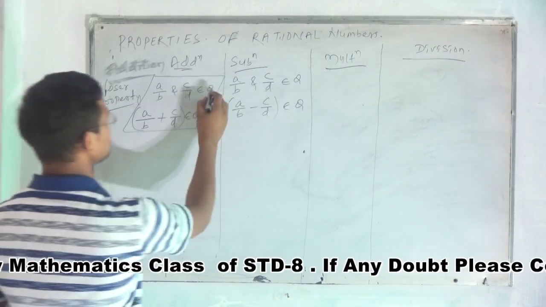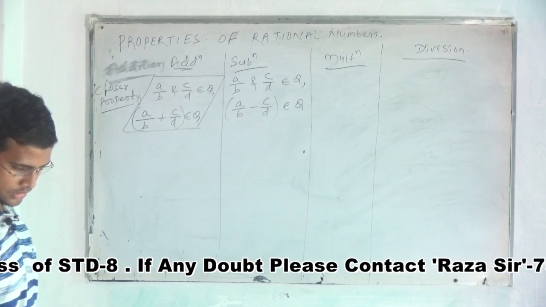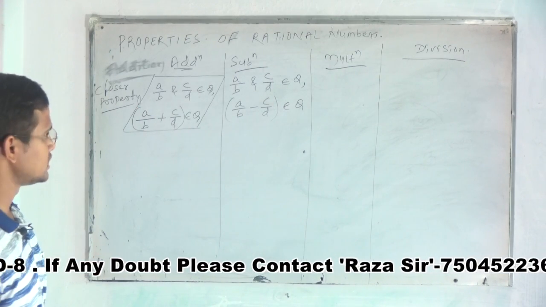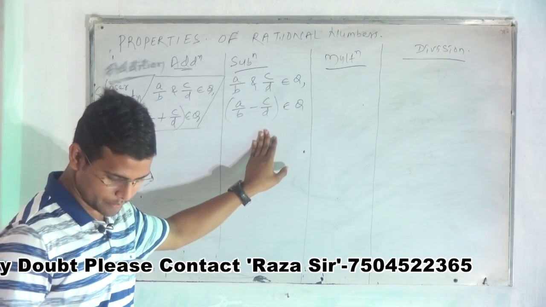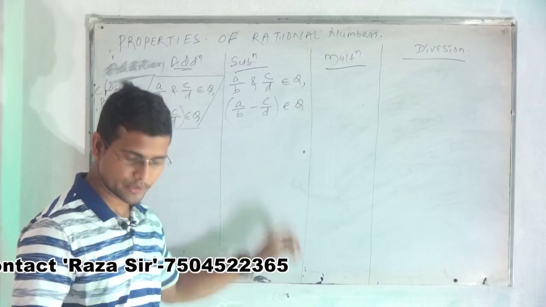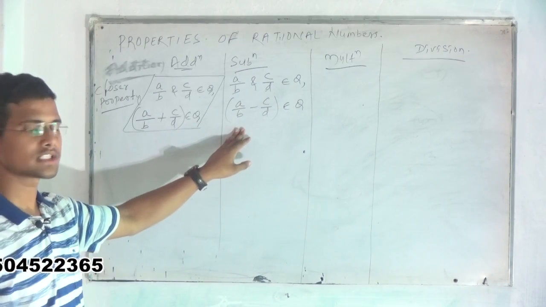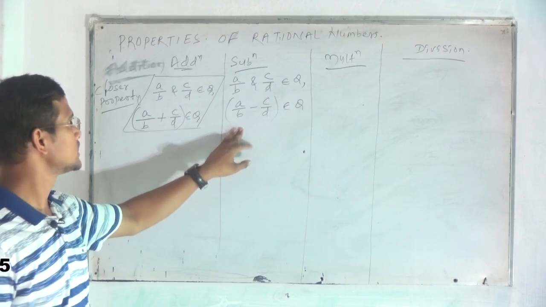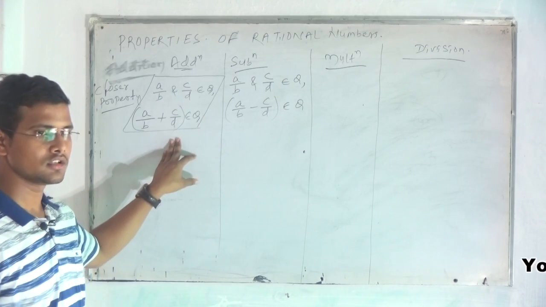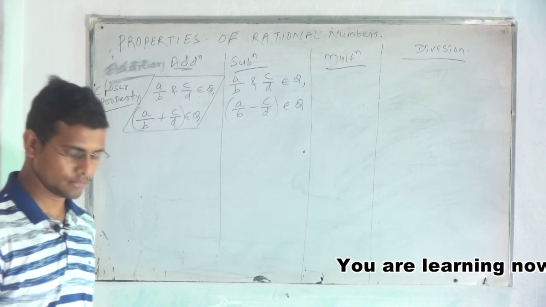That means it is called closure property of subtraction of rational numbers. Subtraction and addition obey the rules of closure property of the rational numbers.